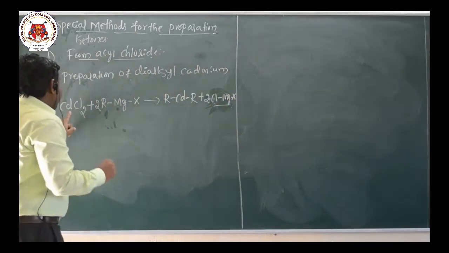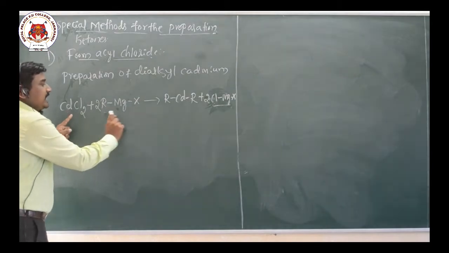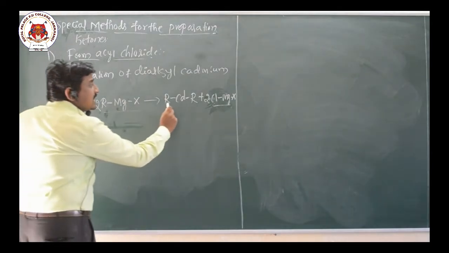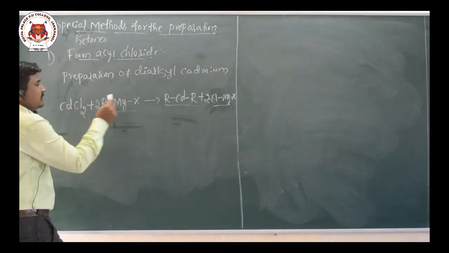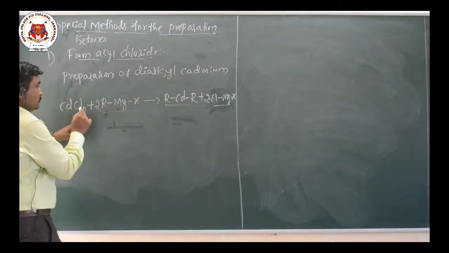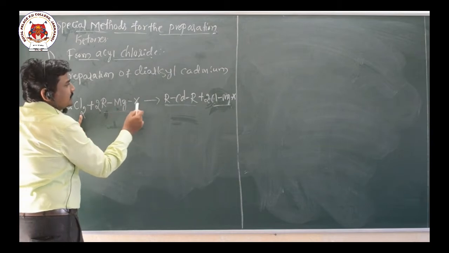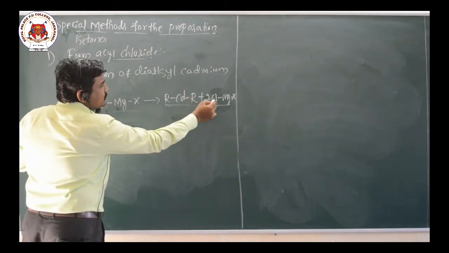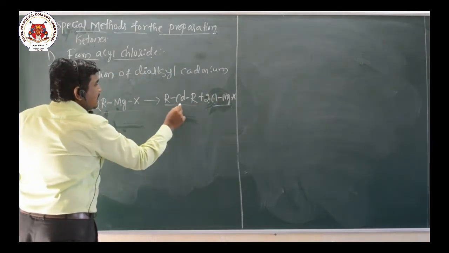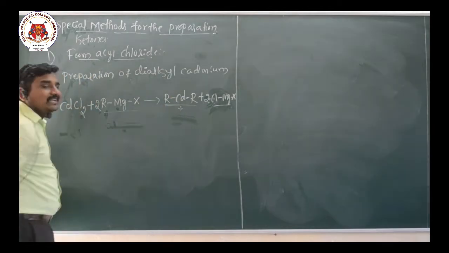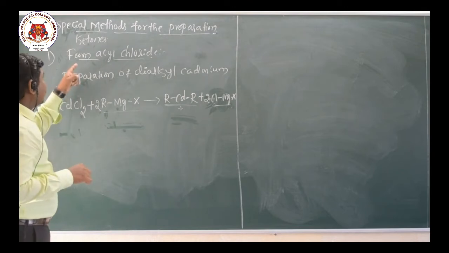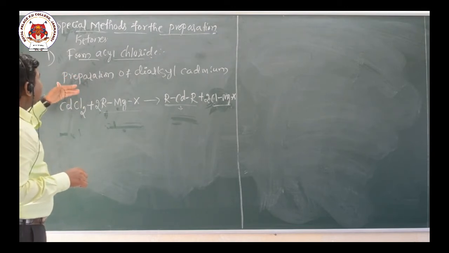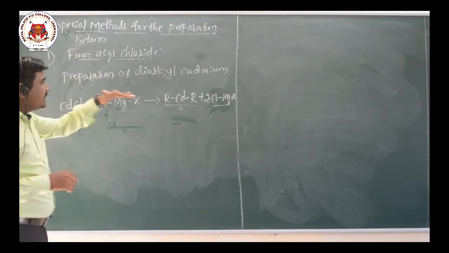See here, cadmium chloride reacts with Grignard reagent and we get dialkyl cadmium, with loss of 2Cl and 2 MgX. So hence I have written directly 2ClMgX. After formation of this dialkyl cadmium, that reacts with acyl chloride. First of all, you have to prepare dialkyl cadmium.